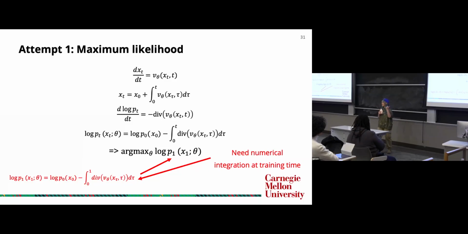I think someone said it before. Who said velocity before? Who did it? Oh, you did? Who said velocity? Oh, okay, why did you say velocity? Because the model is learning velocity.